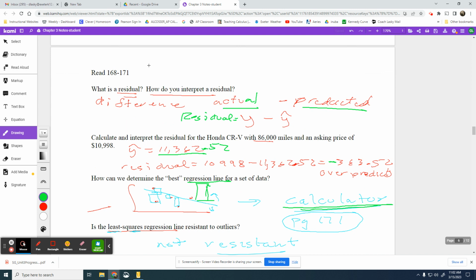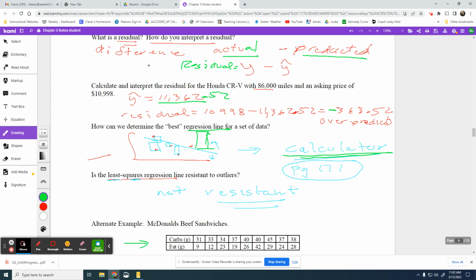And so how do we interpret these? Well, if you do the next problem here and you plug in 86,000 into the original equation on the other page, you get 11,362.52. And then that you subtract from the actual. So we get 10,998 minus 11,000.